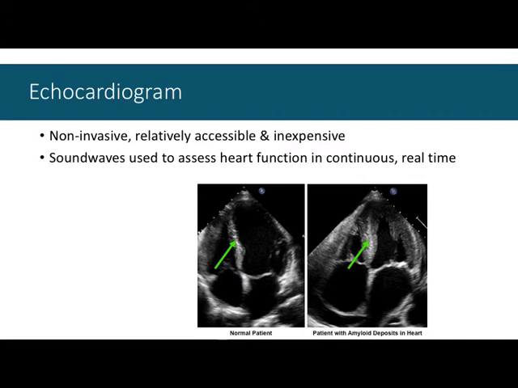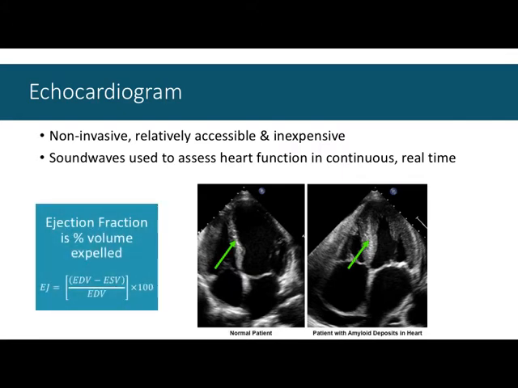And a lot like the nuclear stress test information, there are computer programs that can calculate what ejection fraction must have occurred to have observed the changes in the ventricles that you see with the echocardiogram.